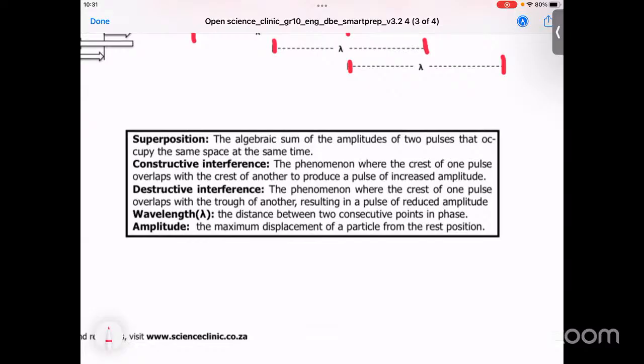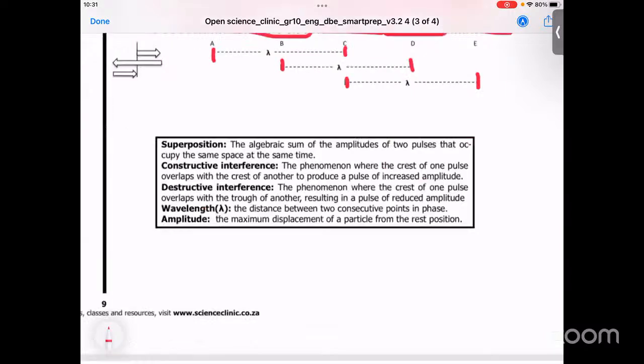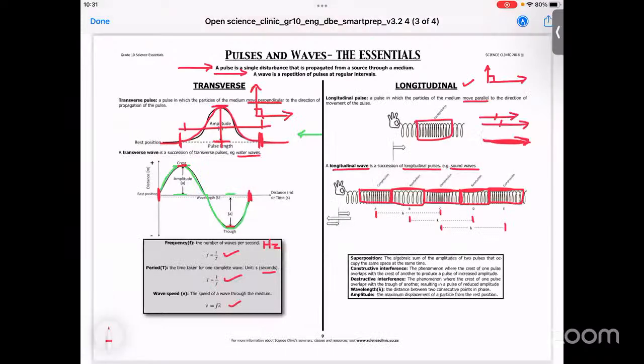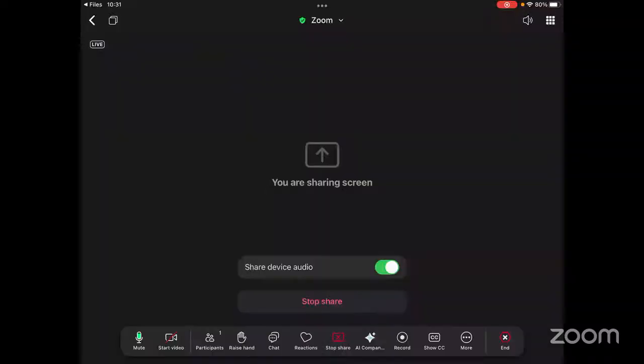And the amplitude is the maximum displacement of a particle from its rest position, so its highest point from the rest position. That part is not that complicated. Okay, it looks like we covered all that we could. We can leave it here.